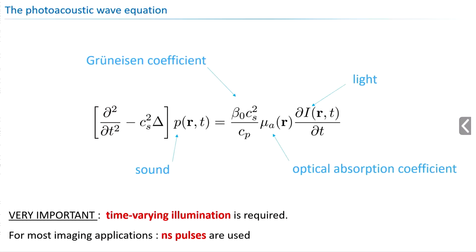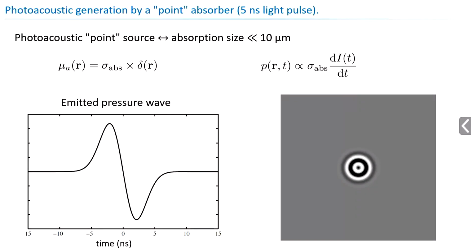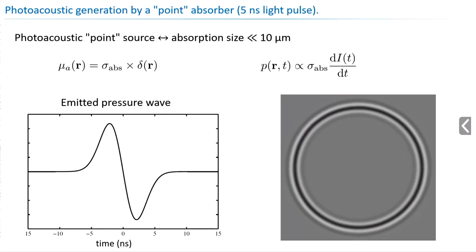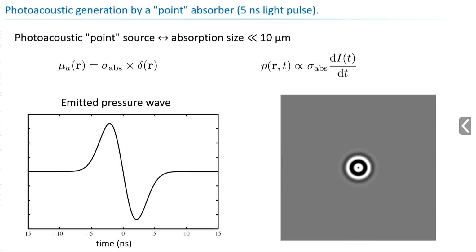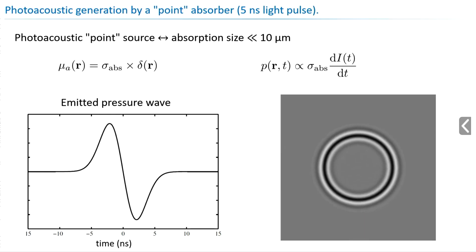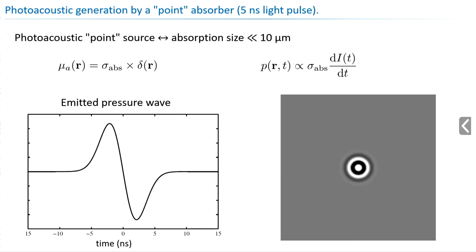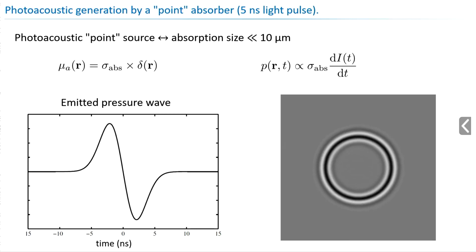Okay, and I'll come back to this movie. White is positive, gray is 0, and black is negative. So you have black and white, meaning that's a bipolar wave. And actually, the integral of that pulse has to be 0, meaning that the medium, on average, is at rest. Okay? So if you have a point source, this is what you get.